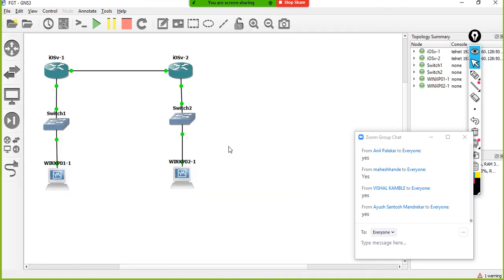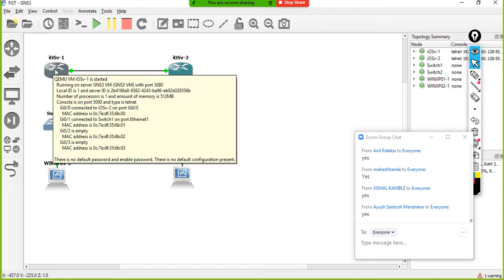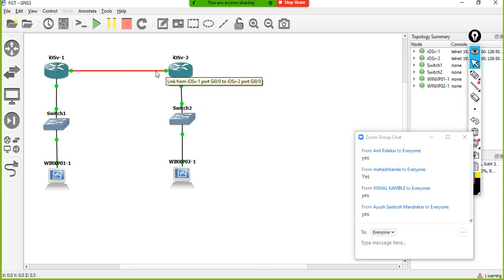Right. So now between router 1 and router 2, I am going to use 192.168.2.0/30. Right, guys? Then after that, I am going to use it here. Let's see what the interfaces are.